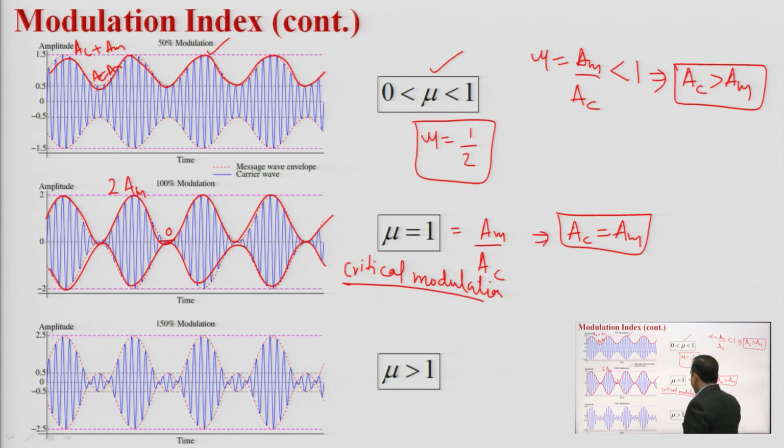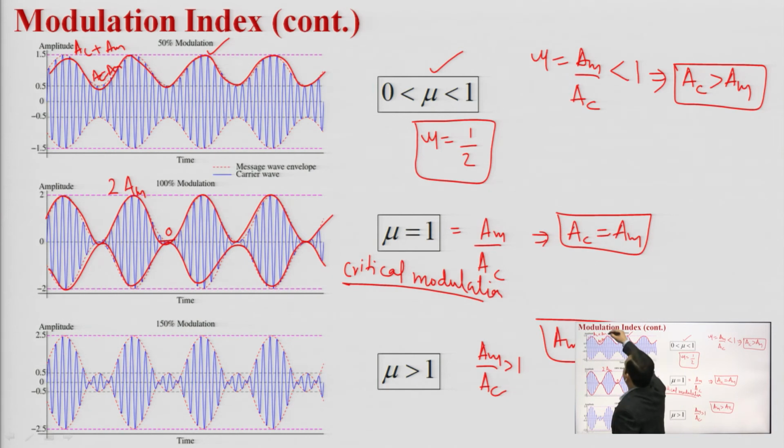Now, when mu is greater than 1, meaning AM by AC is greater than 1, AM is greater than AC. Then the upper envelope has a positive value, but for AC minus AM, since AM is greater than AC, the envelope will go in this direction: it will become negative, and the other will become positive.